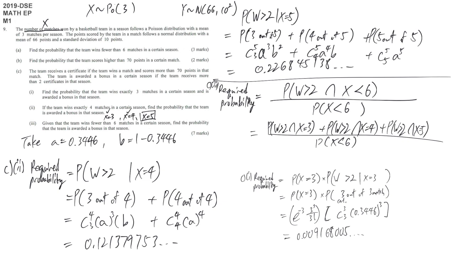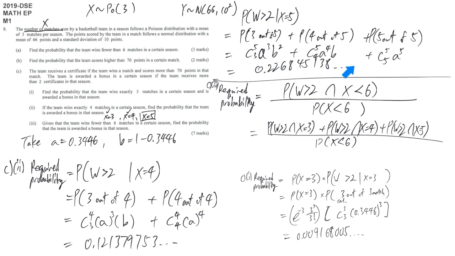So now the numerator, we are going to apply the C1, C2 and also C3 answers. Beware that in C1, we already include the given condition that we win exactly 3 matches, while C2 is just the conditional one. That means we still need to multiply the probability that we win 4 matches by the Poisson distribution.